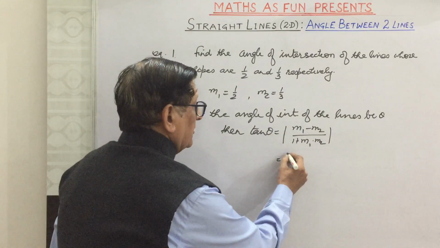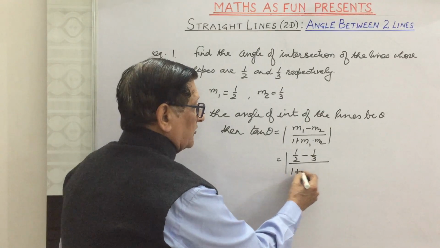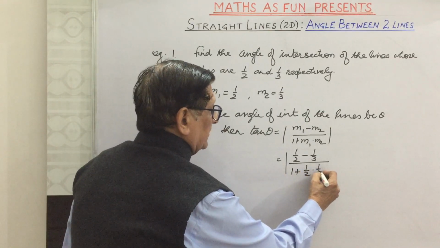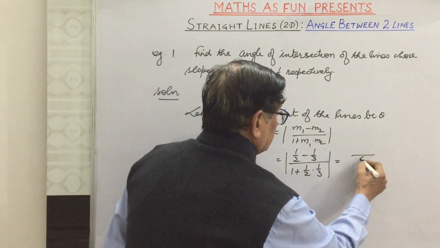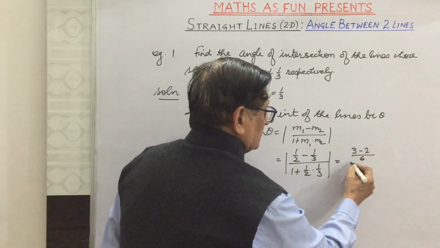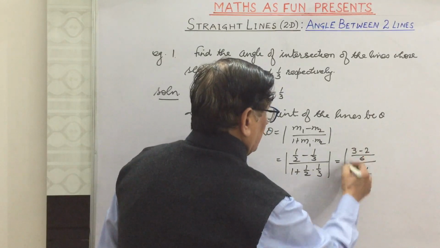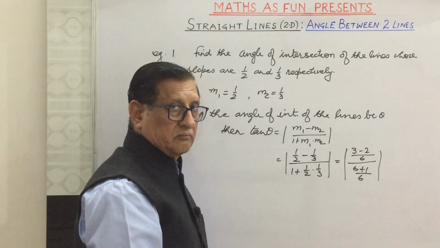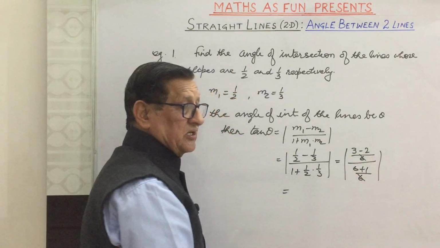That is (1 upon 2 minus 1 upon 3) whole upon (1 plus 1 upon 2 into 1 upon 3). Take the LCM here. This is 6 and we get 3 minus 2. Here take the LCM as 6. We are getting 6 plus 1. So we get here 6 and 6 are cancelling each other.